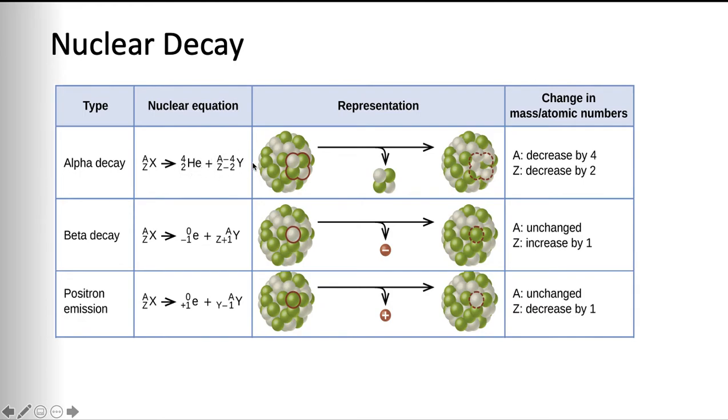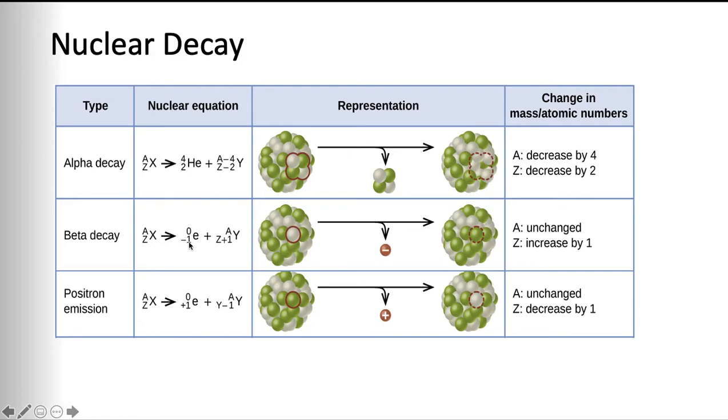So you note that the new element would have a mass number that is smaller by 4 from the original element and a Z number that is smaller by 2 from the original element. We will talk in a lot more detail when we do examples on how to balance nuclear decay with alpha decay. Now let's talk about beta decay, or beta emission.